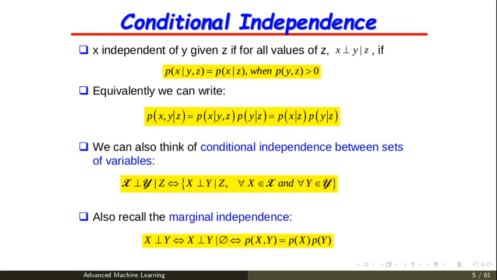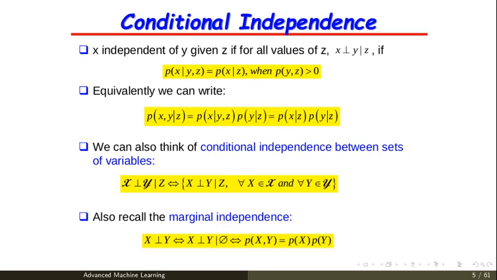This is important. That is why I say conditional, because there is an argument z there. Now if you use this, you could take this as a definition: p of x comma y given z equal to p of x given y comma z into p of y given z, which is equal to p of x given z into p of y given z.